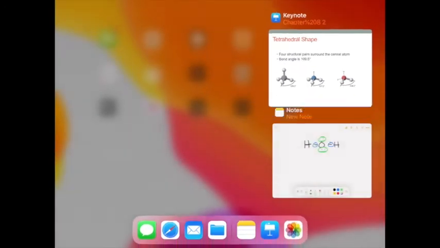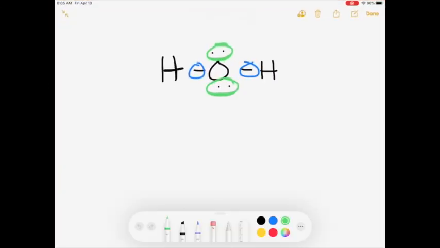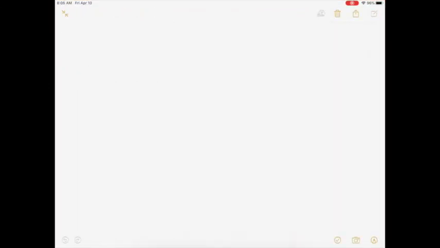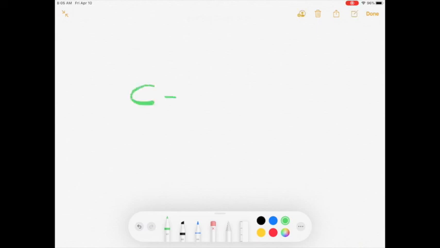Okay, let me give you some examples. We have CH4. Whoops, don't want to use that one. CH4 would be an example of tetrahedral. We have 4 bonding domains and 0 non-bonding.